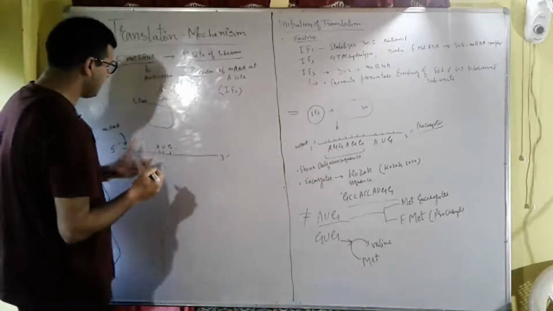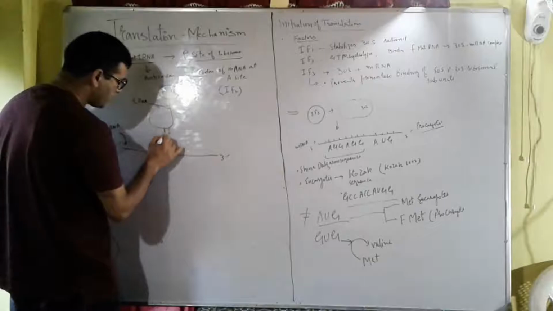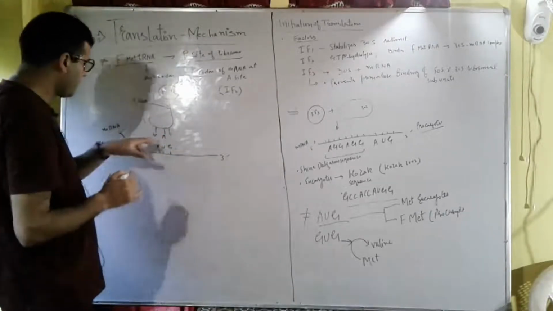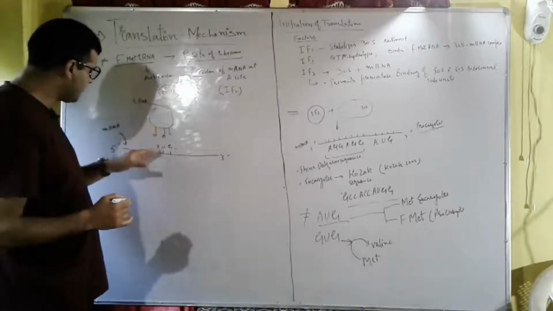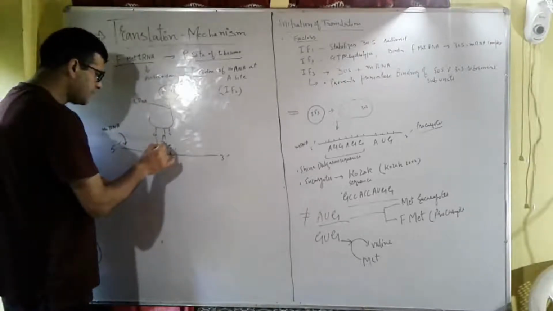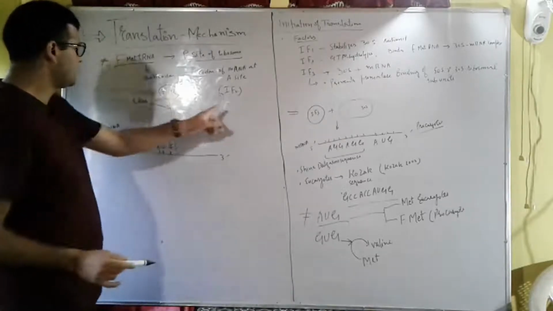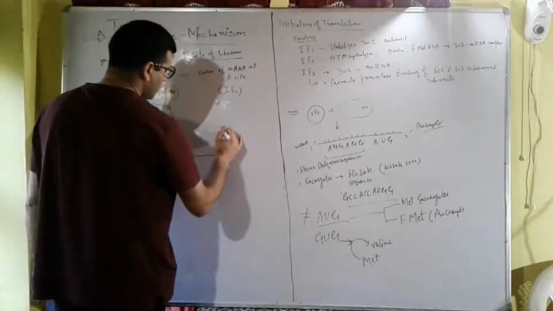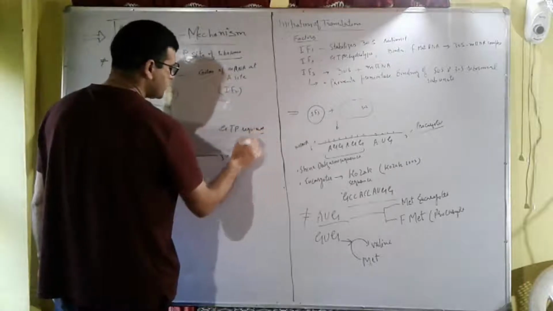And tRNA has anticodons. G will pair with cytosine, U will pair with adenine, A will pair with uracil. The anticodon of tRNA will establish linkage with the codon of mRNA, and this linkage is facilitated by initiation factor second. So GTP is required for this linkage.